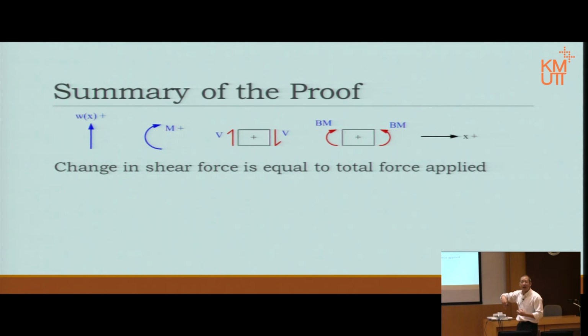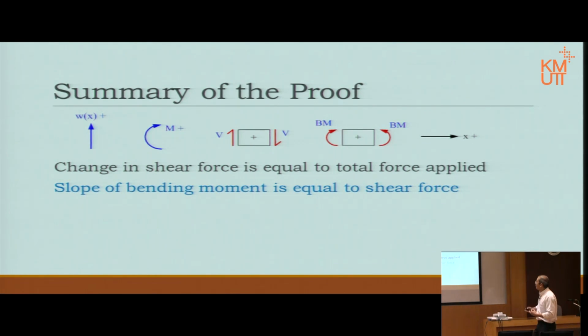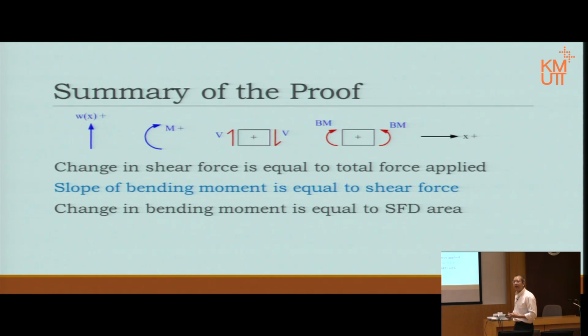If the force going down is negative, then negative change, the value of the shear force will drop. The slope of the bending moment is equal to the value of the shear force. That is the second proof we have. The third proof, we said the change in bending moment is equal to the area under the shear force diagram graph. There we are, the third proof.